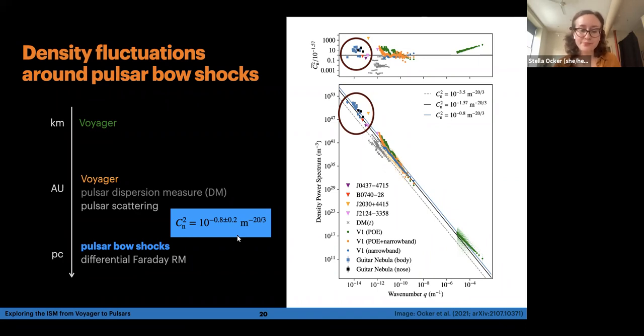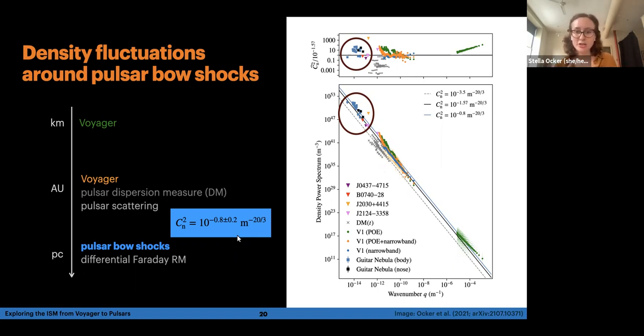And so at this point, it's really unclear whether these large spectral amplitudes are actually produced by interactions between these bow shocks and the surrounding ISM, or whether we are potentially just seeing a selection effect because we are only looking at H alpha emitting bow shocks. And so the reason I say that is because in order to detect H alpha emission from these bow shocks, you need a large enough density of partially ionized gas around the pulsar.